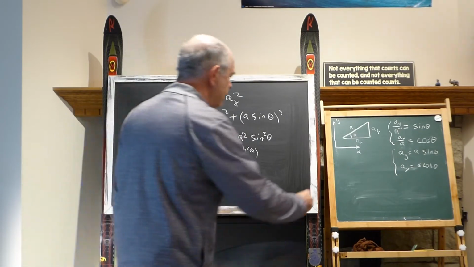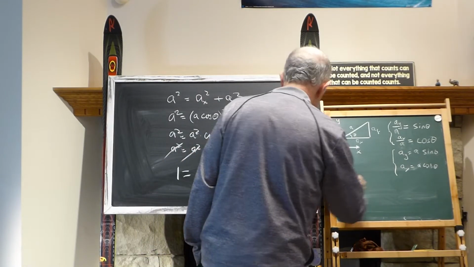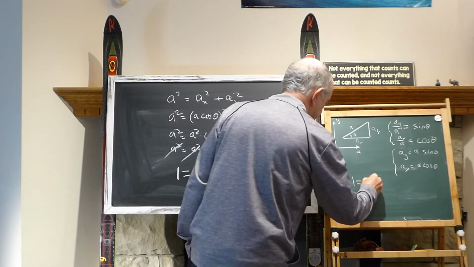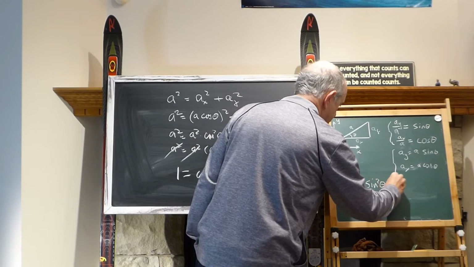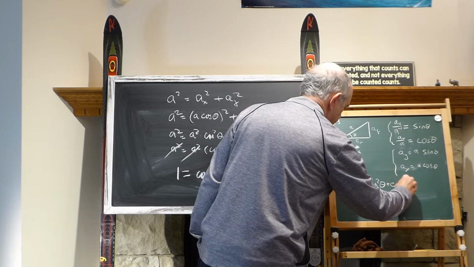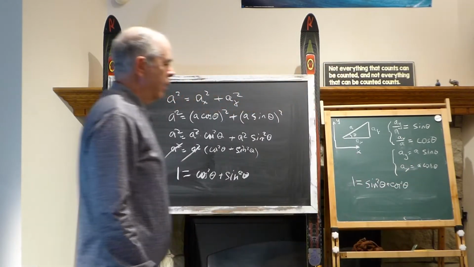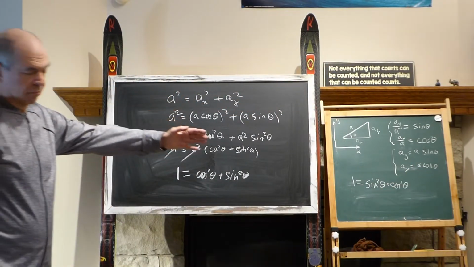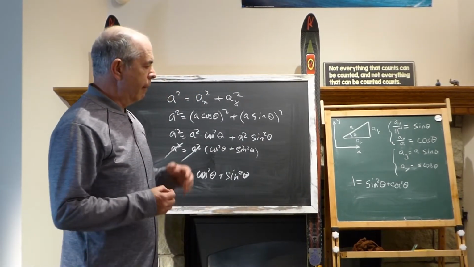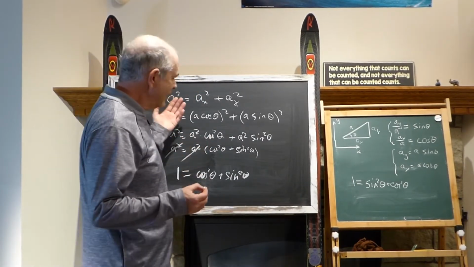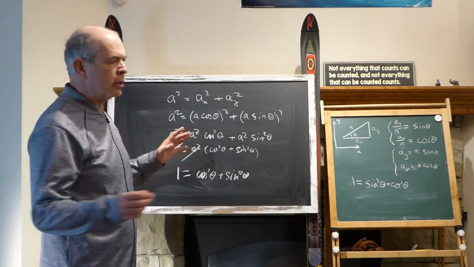And sometimes they write it with sine first, cosine second. It's totally irrelevant. It depends on your preference. And I believe you have met this equation, but where it came from, it's the same as the Pythagoras theorem.